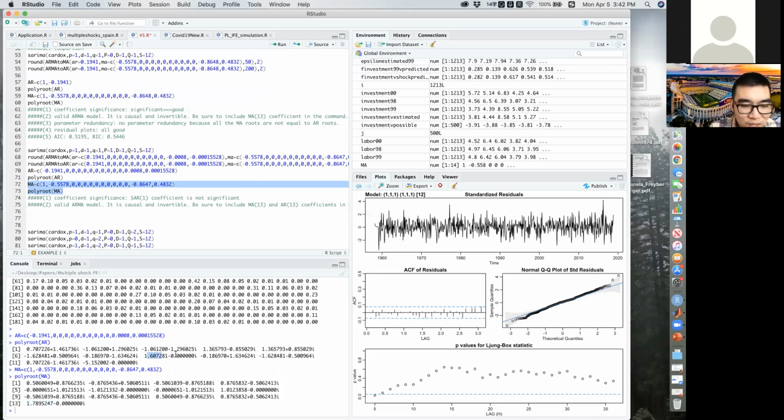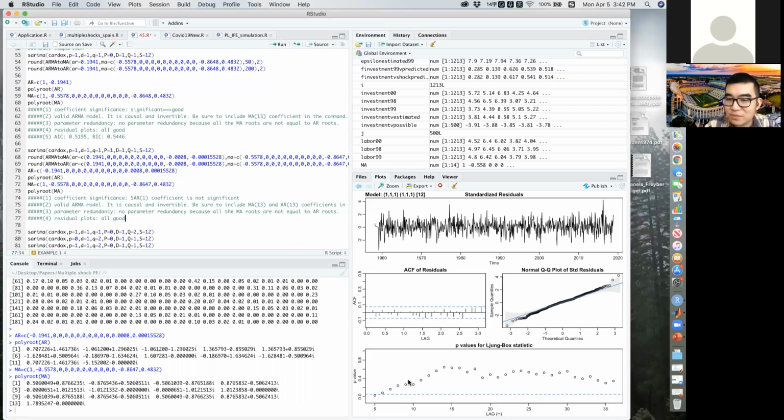So these are the only two I found that are close to each other, but they are not that close. It's about a 10% difference. For the other polynomial roots, I found they are quite different. So I can conclude that there is no parameter redundancy problem. The model we consider is the simplest model.